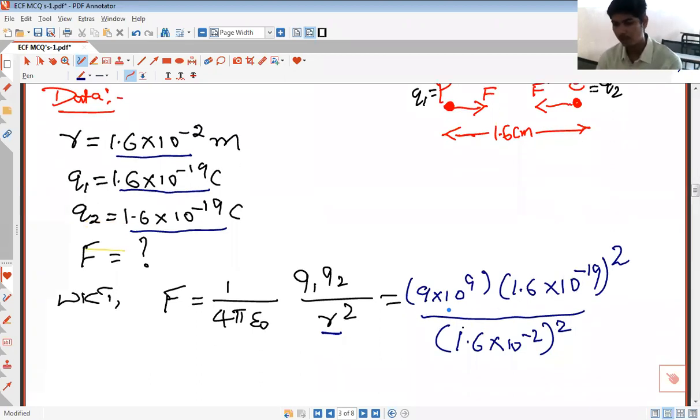The 1.6 whole square in the numerator and the 1.6 whole square in the denominator cancel.